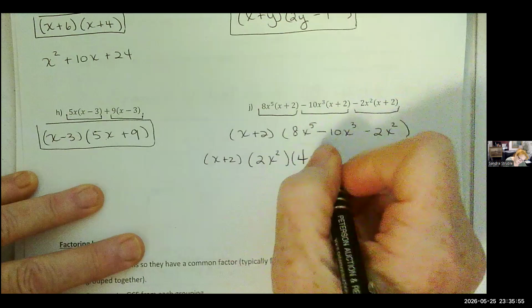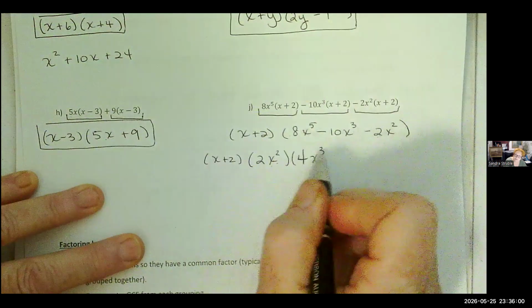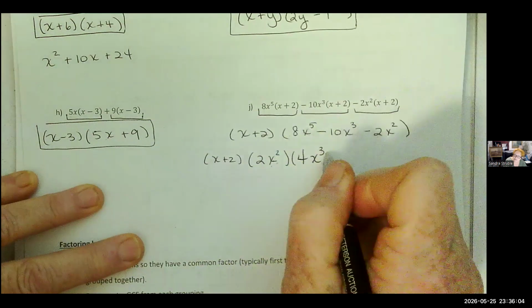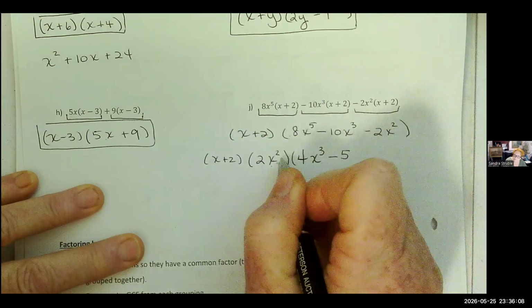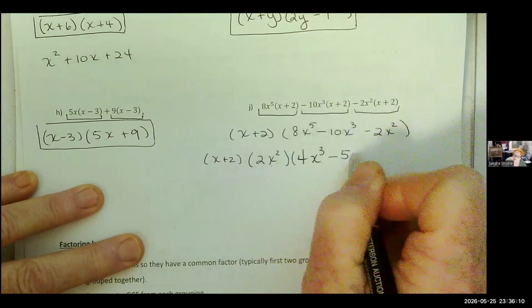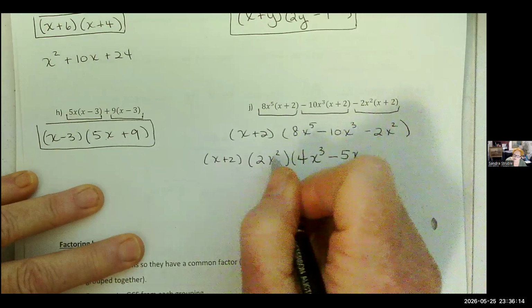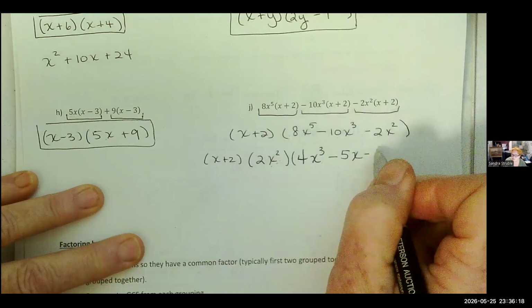Remember, when the bases are multiplied, you add your exponents. So 2 plus 3 is 5. Negative 2 goes into negative 10 5 times. And I've got 2 x's, but we need one more. And then this one is 2x squared. Well, you're not going to just not put anything here because this is a term that needs to be represented.